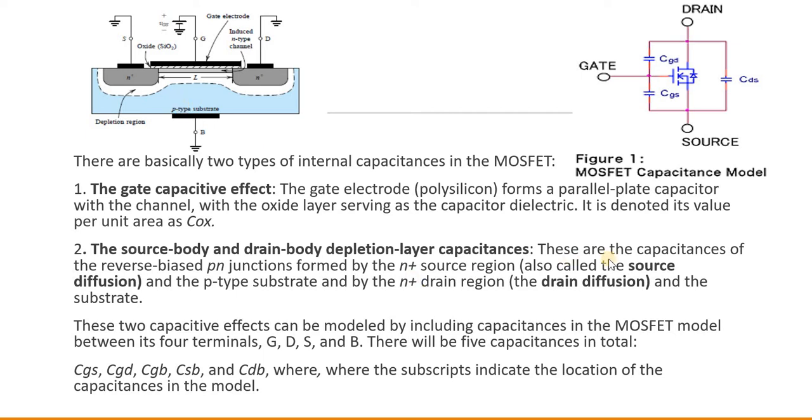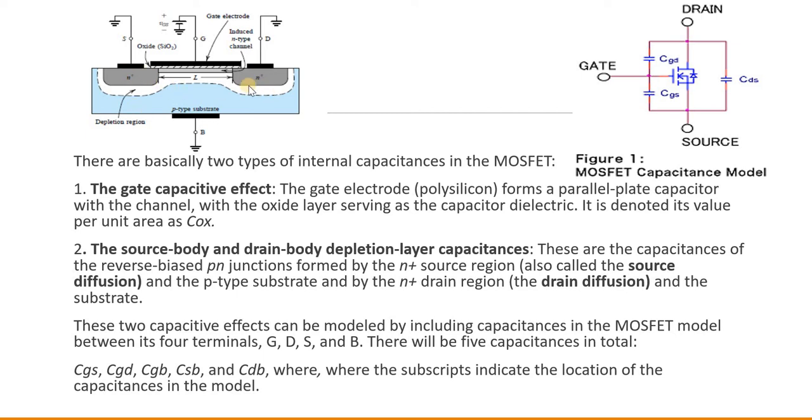The capacitance of the reverse bias PN junction formed by the N plus source region and the p-type substrate is called the source diffusion. The N plus drain region and the p-type substrate form the drain diffusion.